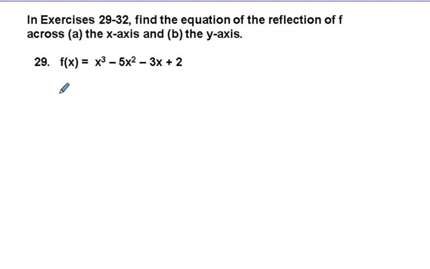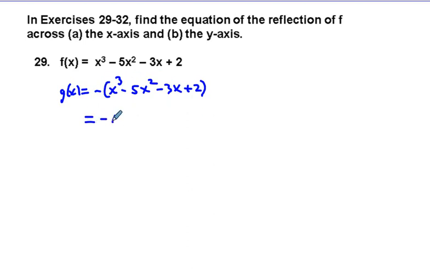So here we have an original function, and for a reflection about the x-axis, I'm going to make this g of x. G of x is going to be equal to the whole thing multiplied by negative. So we have negative x cubed minus 5x squared minus 3x plus 2, and just distribute the negative sign.